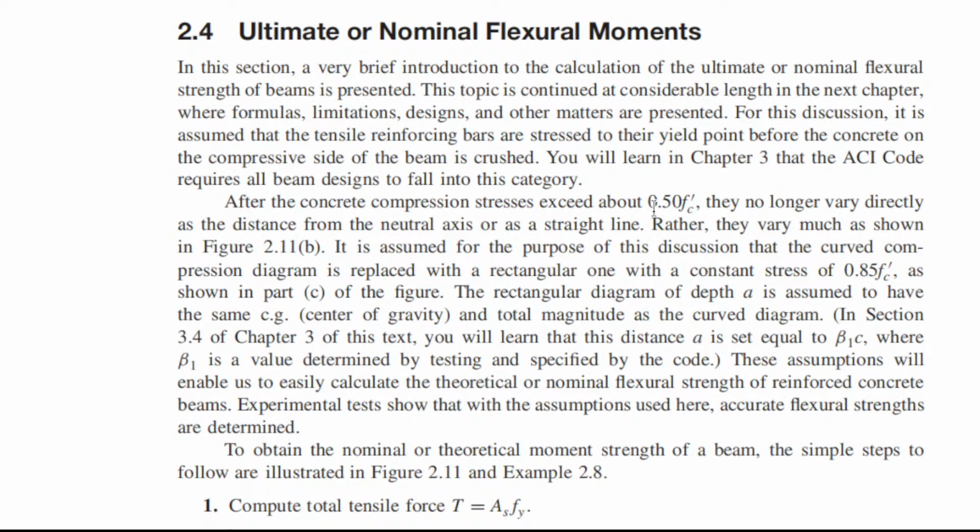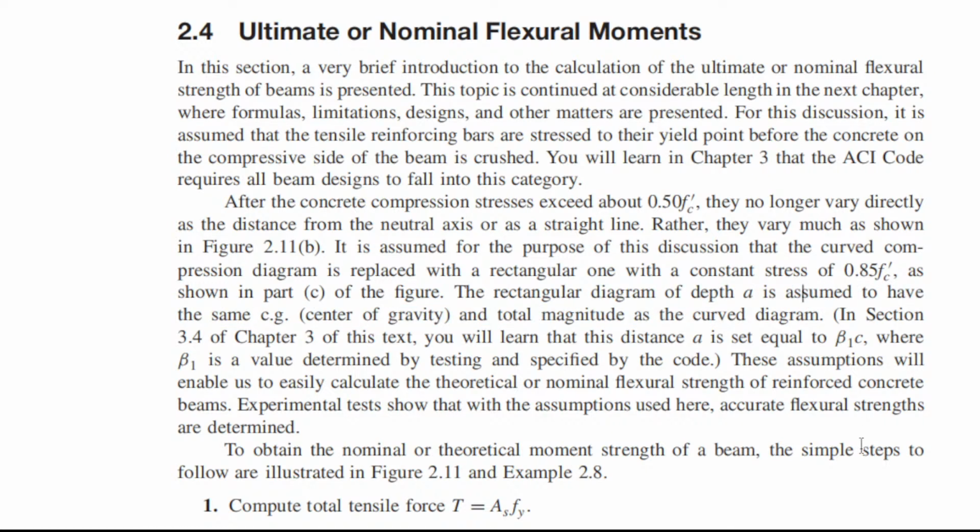So after f'c or one half of f'c is reached, there is no straight line. It is assumed for the purpose of this discussion that the curved compression diagram is replaced with a rectangular one, just like I said, with a constant stress of 0.85 f'c.